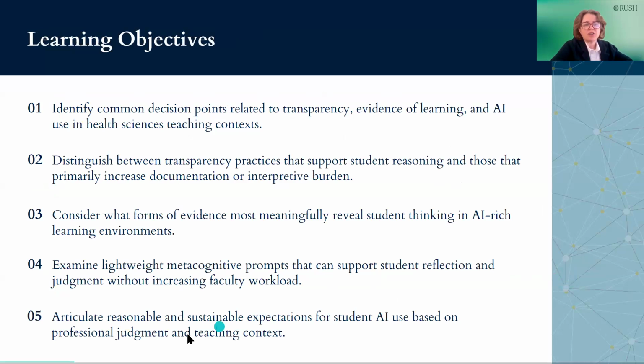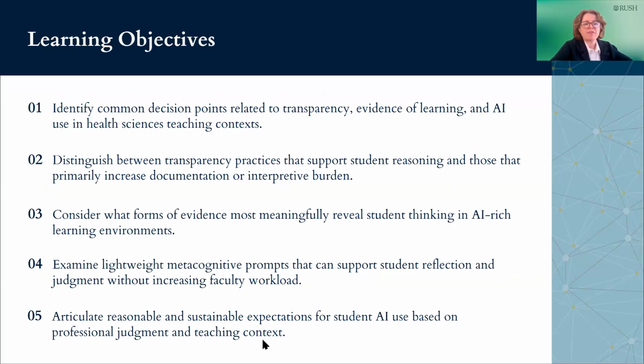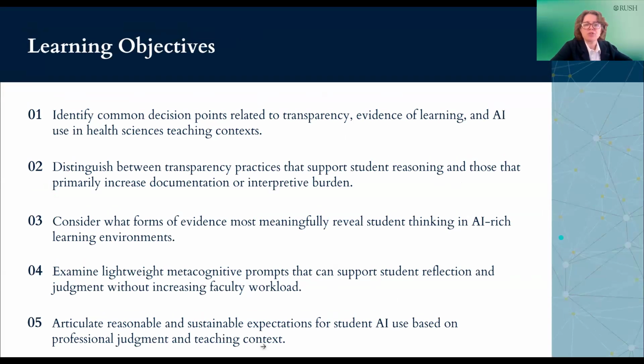Emily, so here are our learning objectives for today. We have 5. First, we're going to identify common decision points related to transparency, evidence of learning, and AI use in health sciences teaching contexts. We'll distinguish between transparency practices that support student reasoning and those that primarily increase documentation, or what we'll call interpretive burden or interpretive load.